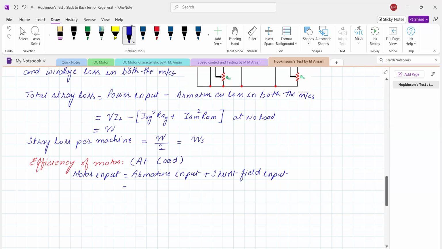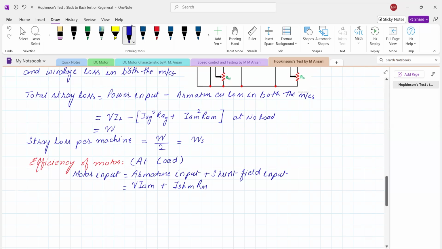Armature input is nothing but V into IAM, plus shunt field current ISHM into V, the shunt field input, as given.